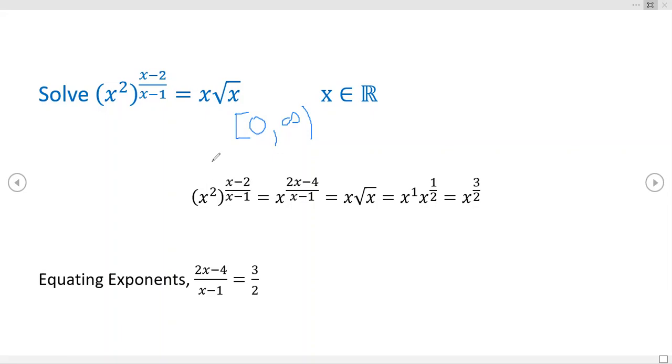The big property that's quite handy, going from this step to this step, says if you have some exponential base raised to a power, and then you raise that to another power, then you can multiply the two exponents.